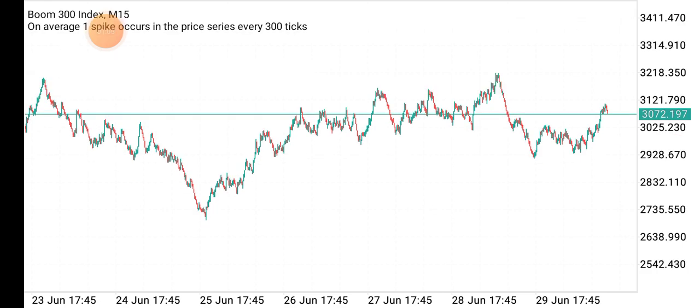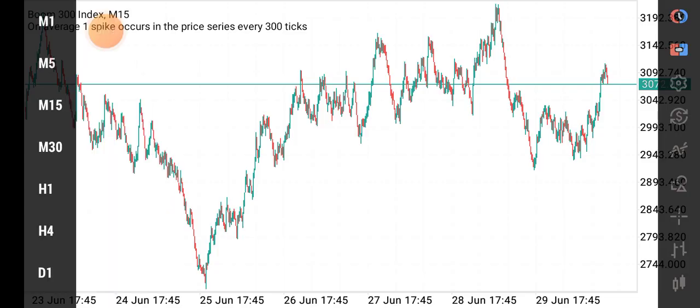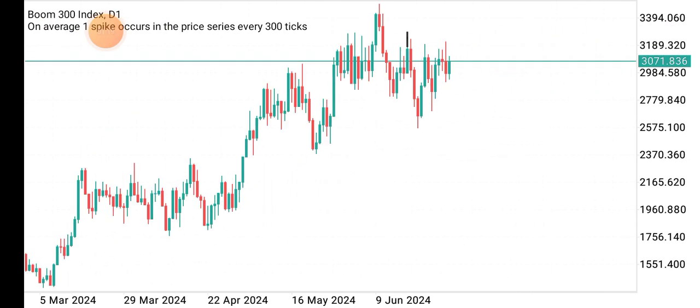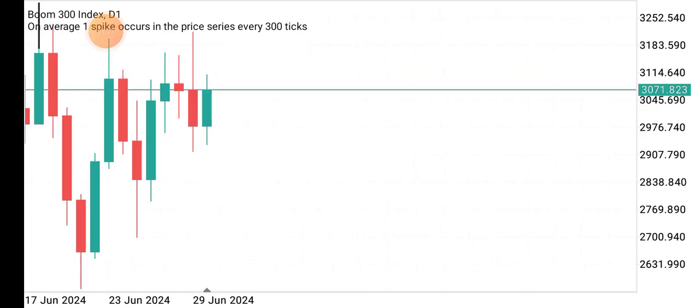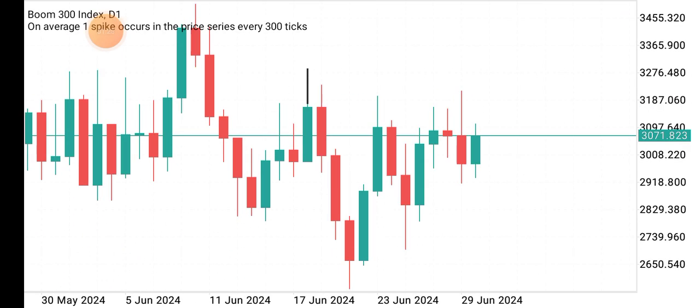All right, so first of all, each time you want to start an analysis, I strongly advise you always go to a higher time frame, like the daily time frame or even the monthly time frame, to see the previous day's candlestick or the patterns the market has created.